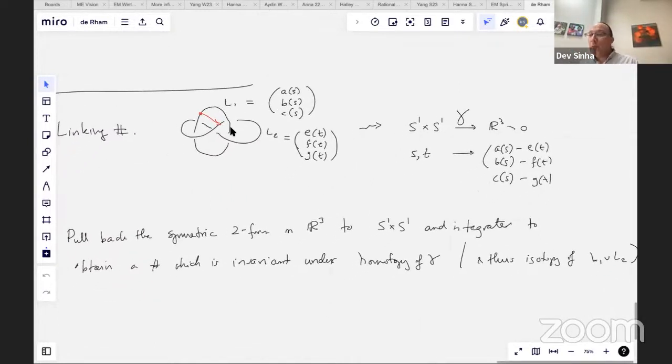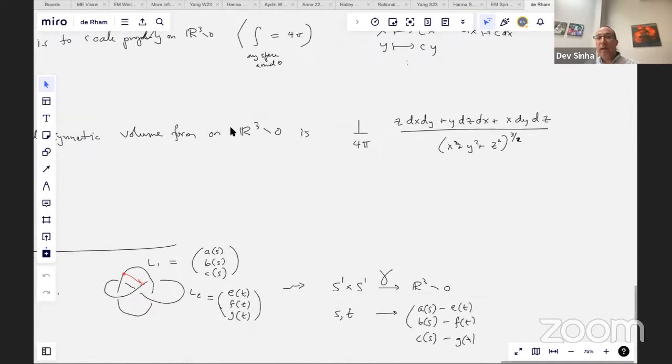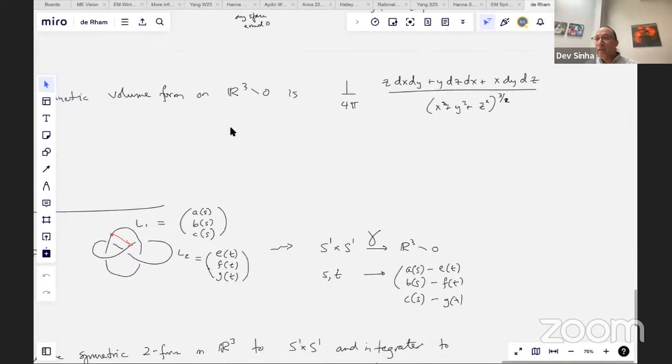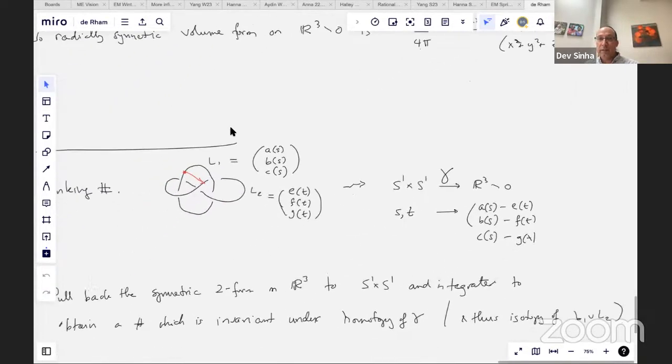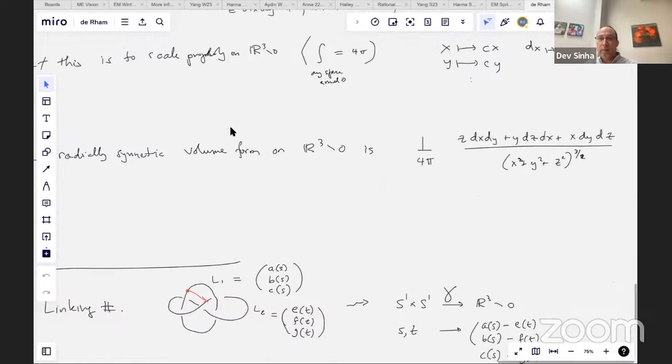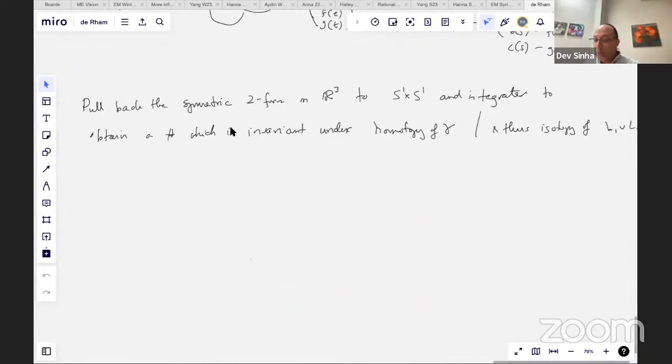Okay, so well, we're going to take this formula z dx dy plus y dz dx, etc. Let's just focus on the z dx dy. Let's call this form rho. Okay. So what is the pullback of rho?